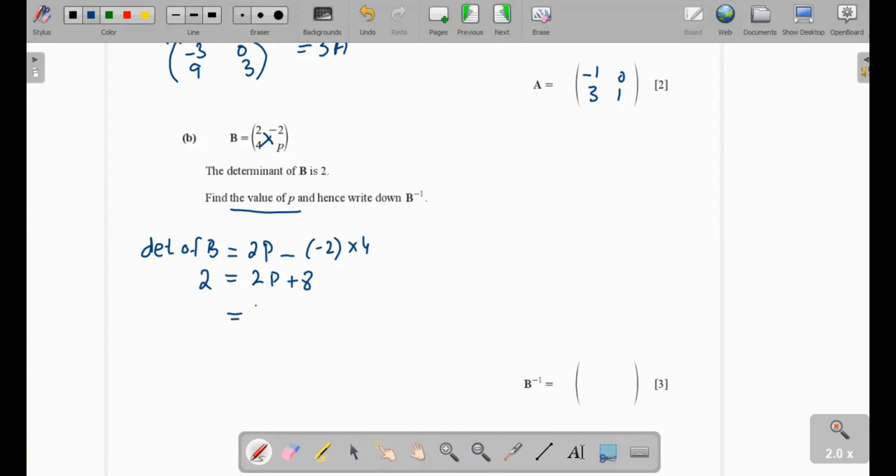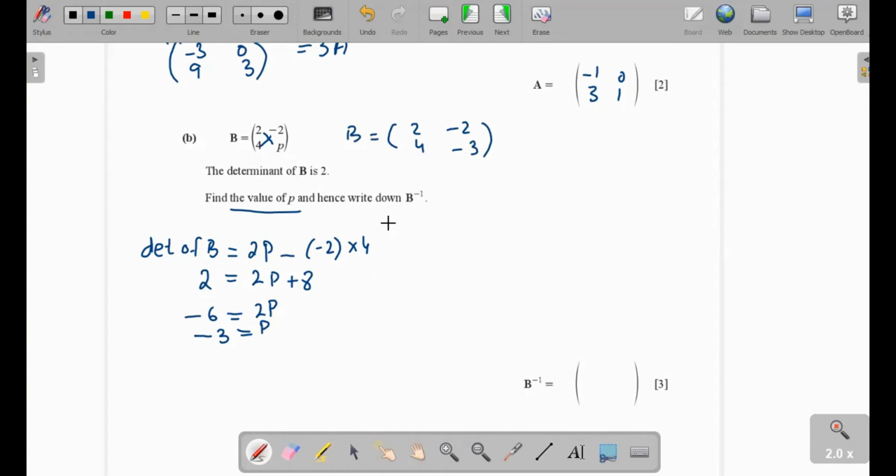That is 2p will be equal to 2 minus 8, minus 6, and p will be equal to minus 3. Here the B matrix becomes 2, minus 2, 4, minus 3.